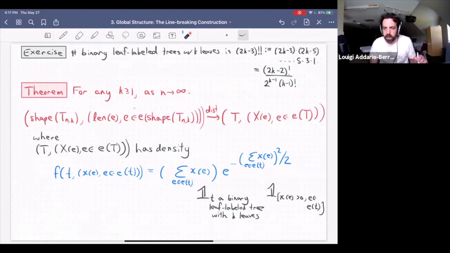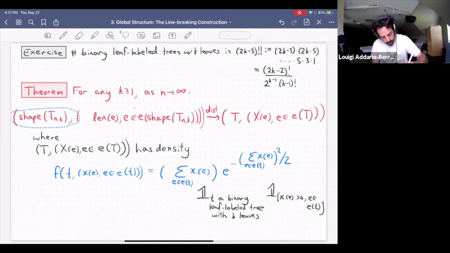I see a couple of points in the chat. There are only finitely many trees with k leaves. Yes, the exercise is related to that. Should there be a scaling factor in front of length e in the pre-limit? Yes, indeed, thank you. These should all be multiplied by n to the minus a half.